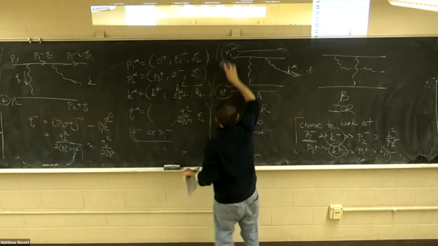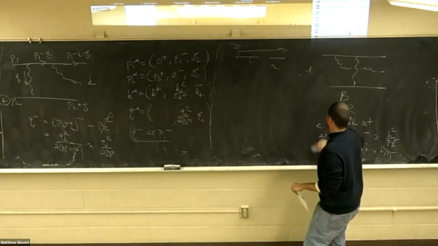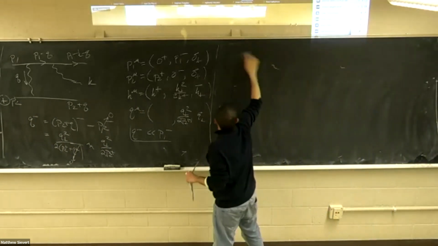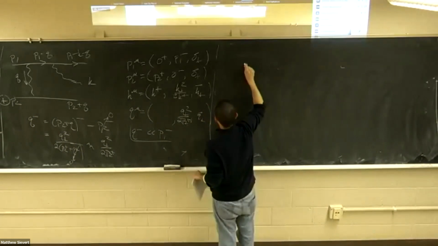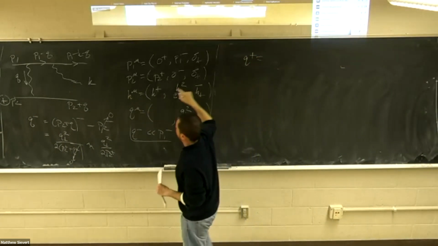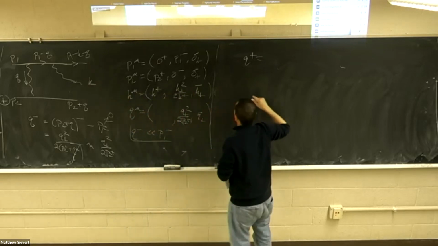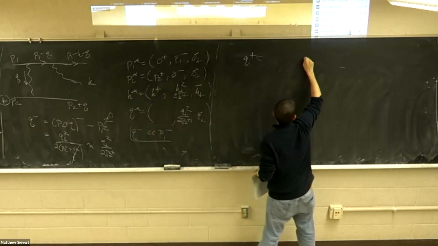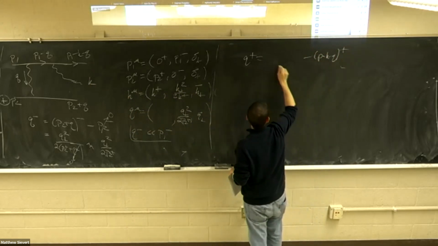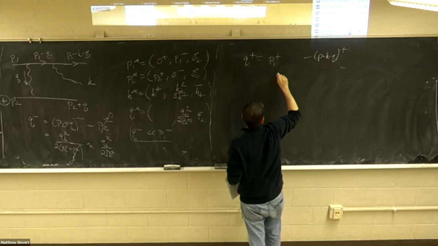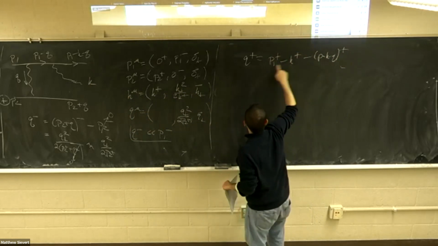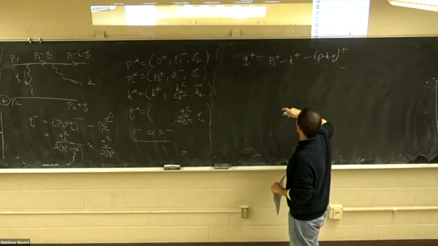I can similarly find the plus component. So Q plus I have to get from the upper part of the diagram. Q sits here in terms of P1 minus K minus Q. So if I subtract P1 minus K minus Q's plus component, and I cancel it out against P1's plus component and K's plus component, then I'm going to get back Q plus.